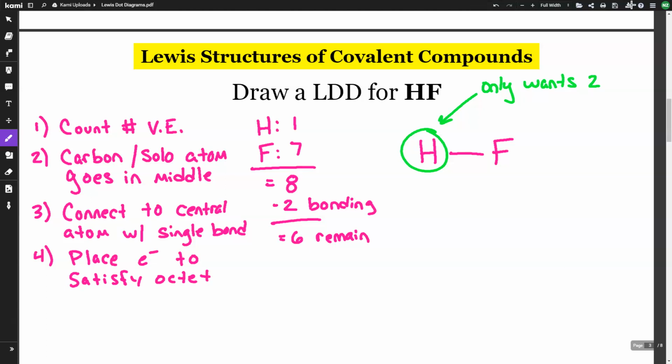When we do this, both hydrogen and fluorine can claim the 2 electrons that are being shared. Remember this right here is 2 electrons. So hydrogen gets to claim those 2. Hydrogen's happy, it's got its full shell, it's got 2. Fluorine only has 2, and fluorine wants to have 8. We have 6 valence electrons remaining, so we're going to draw those: 1, 2, 3, 4, 5, 6.